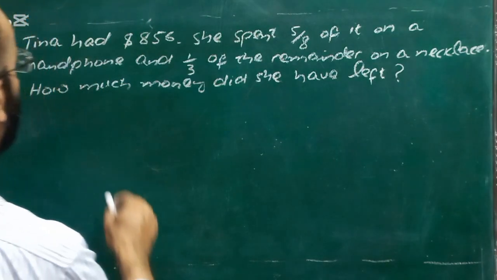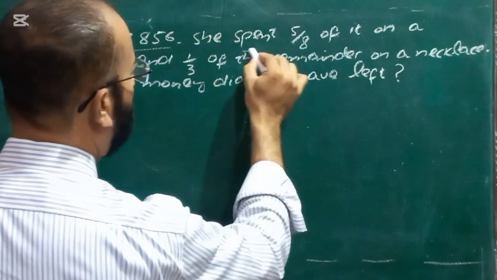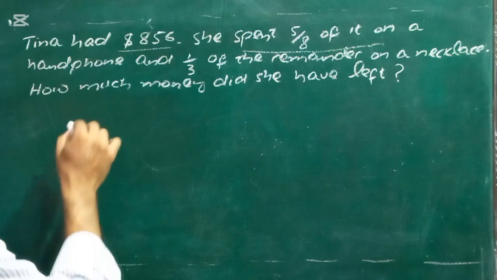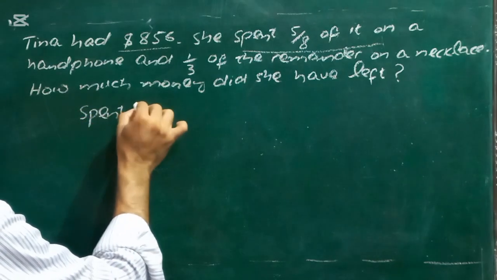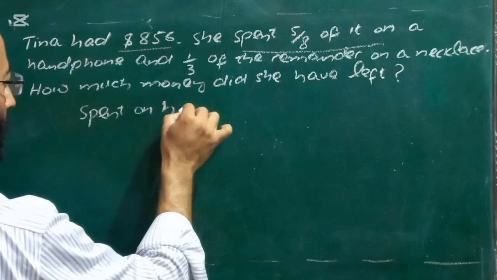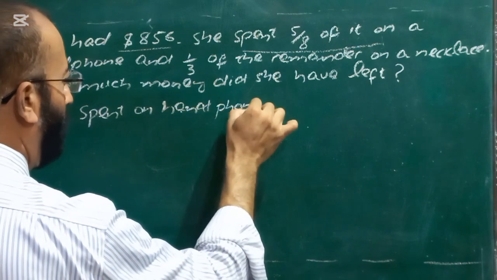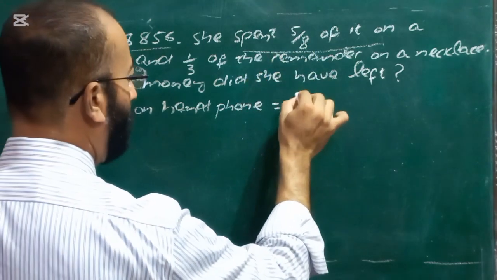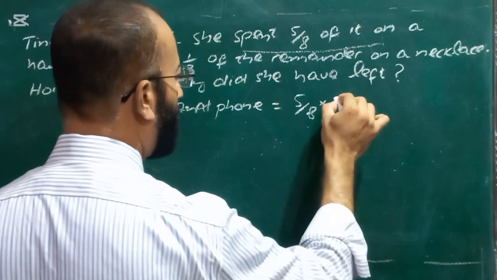So here is the statement. She had total 856 and spent 5 by 8 of it on the handphone. So spent on handphone will be equal to 5 by 8 of 856.